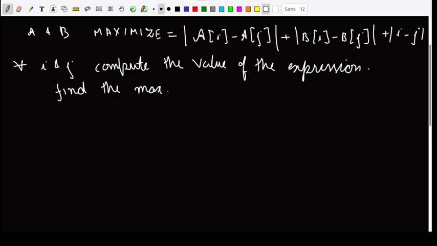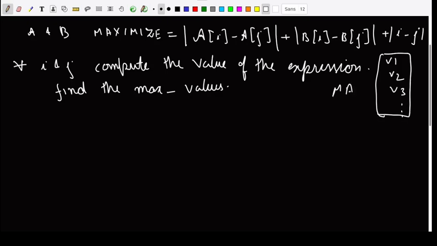So we'll keep on computing these values for all i and j, and so we'll have value 1, value 2, value 3, and so on, and then we will find the maximum of these values. So this is the brute force solution.